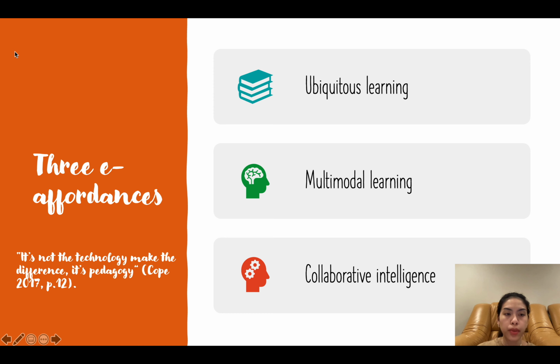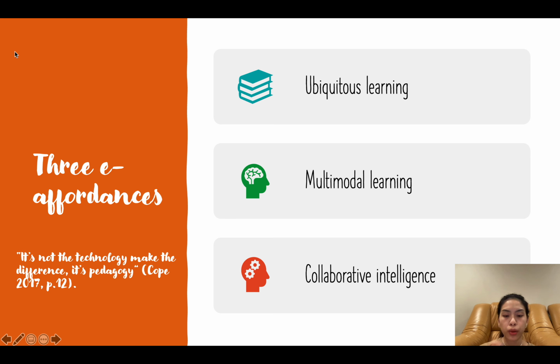According to Cope, it is not the technology that makes the difference, it's pedagogy. Technology does not change education, but it makes education easier. My project is one of the products of technology that helps student learning. It falls into e-learning affordances: ubiquitous learning, multimodal learning, and collaborative intelligence. Students can use it anytime and anywhere on their preferred device, and they can work offline or online, so it links to ubiquitous learning.